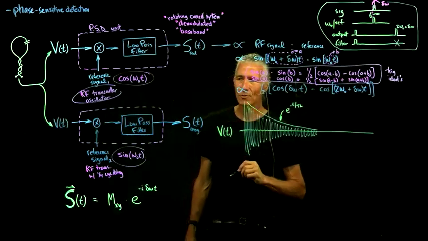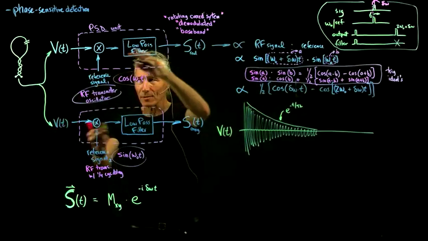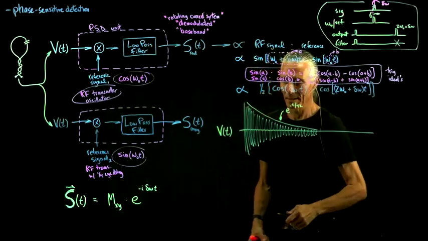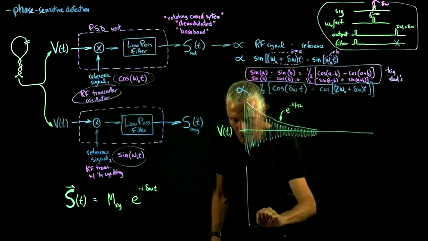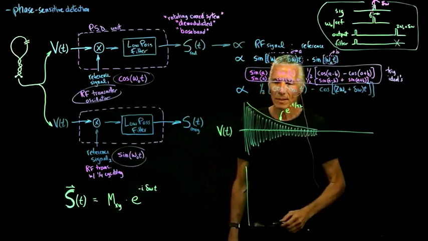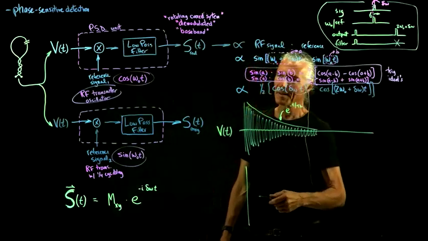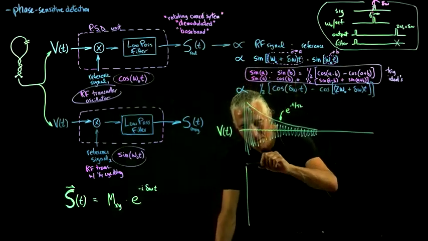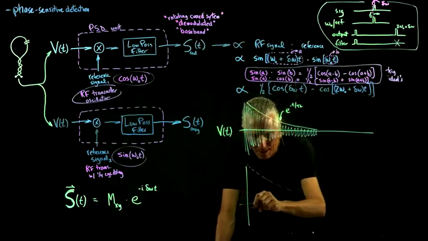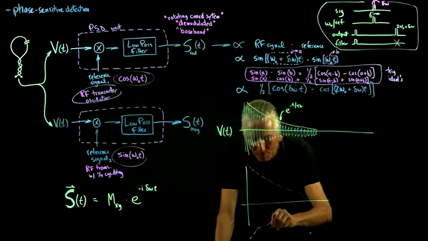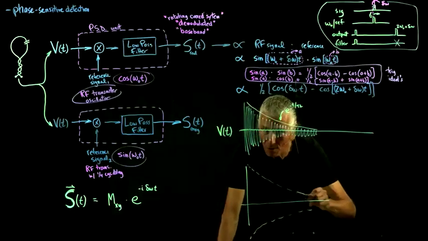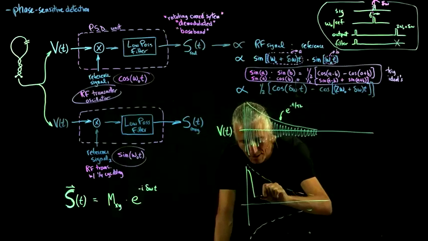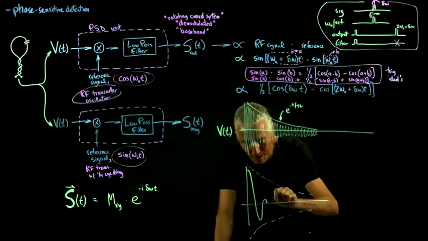And so what do we do when we run it through this phase-sensitive detection? We turn it into two voltages. And what do those look like? Well, they're going to have a couple different frequencies in them. They'll have the same envelope, but they'll be changing a lot more slowly. So let's just draw some random thing in there.